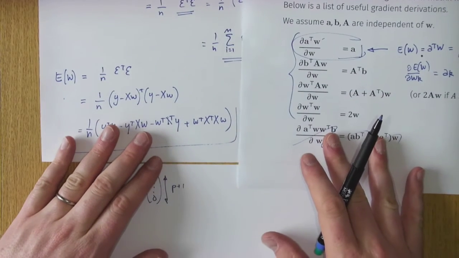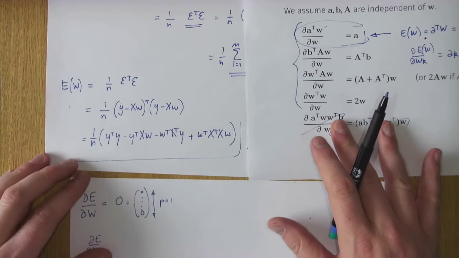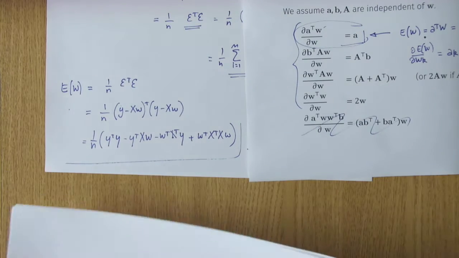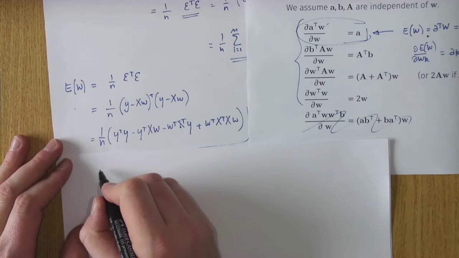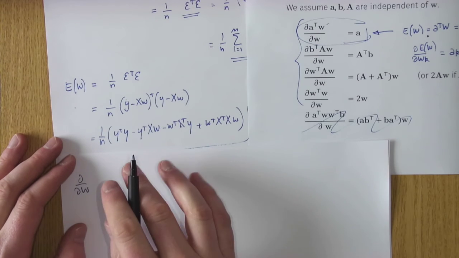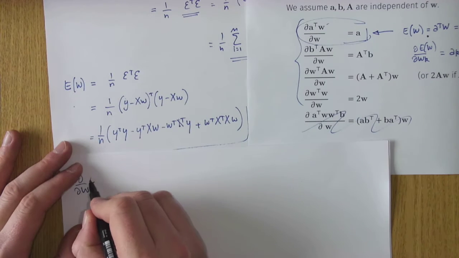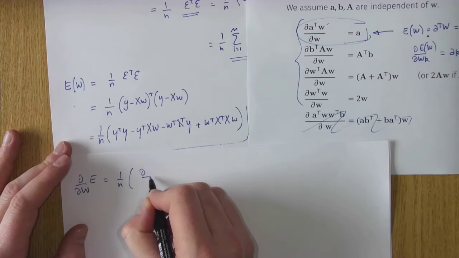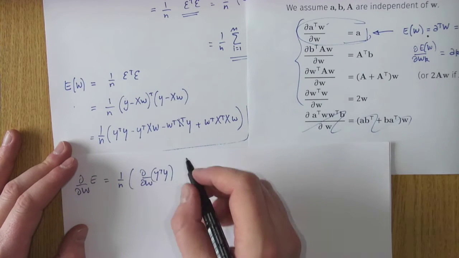I put them on the side here, and let's do that. So we have the first term, if you want. We need to compute the gradient, which is a linear operation. So this will be 1 over n of the gradient of y transpose y. It's linear, so you can distribute it.